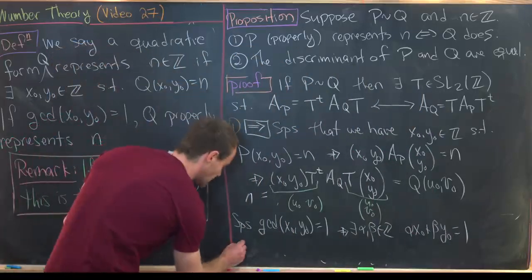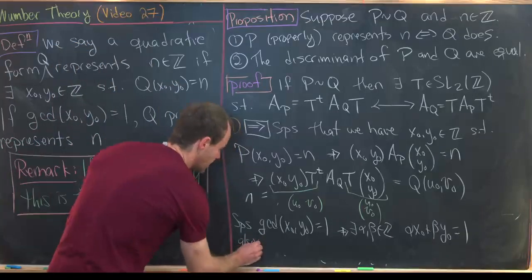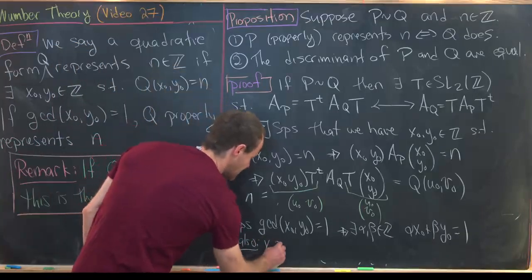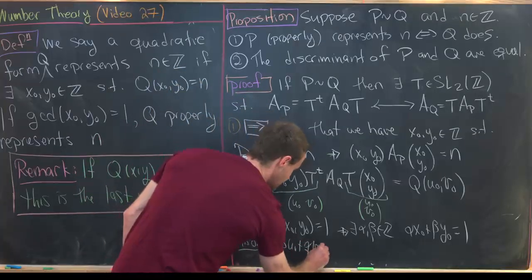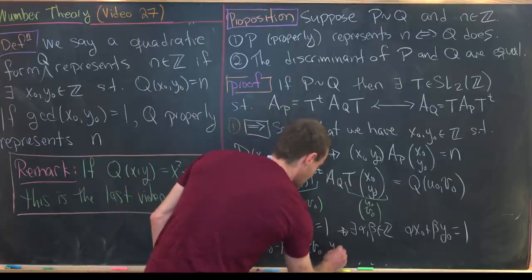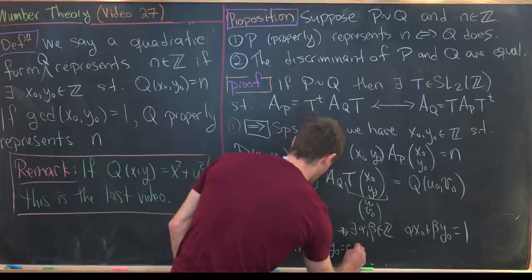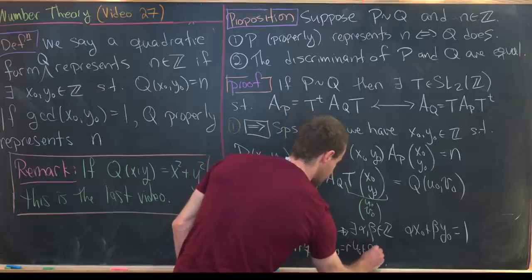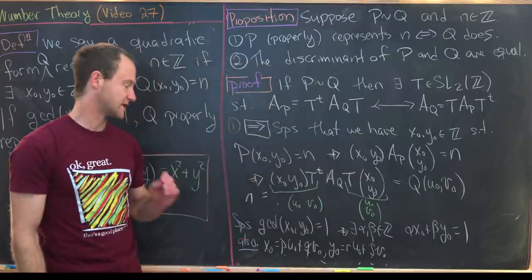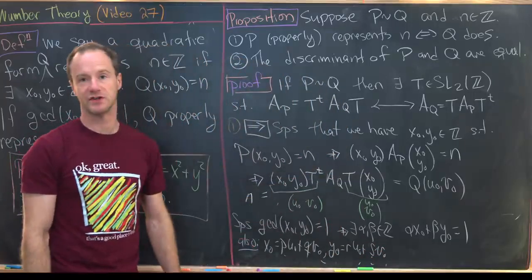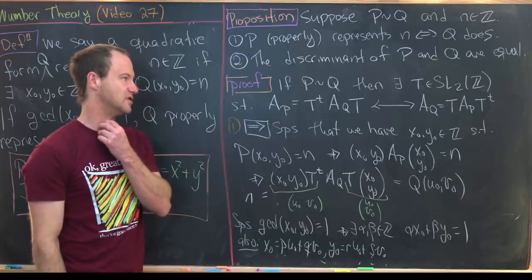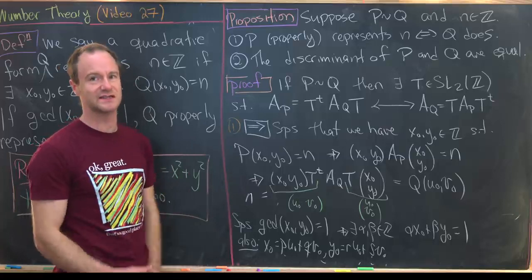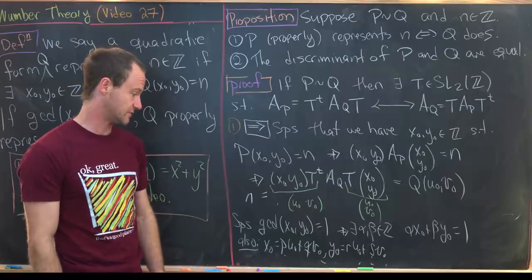Okay, but also we know that x naught can be rewritten as p u naught plus q v naught, and then y naught can be rewritten as r u naught plus s v naught, where that's related to our change of variables matrix here. So notice I've kind of changed the role of my x matrix and my u matrix from the last board, but these are kind of symmetric ideas, so I don't think it's a big deal.